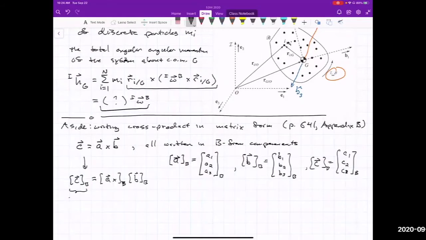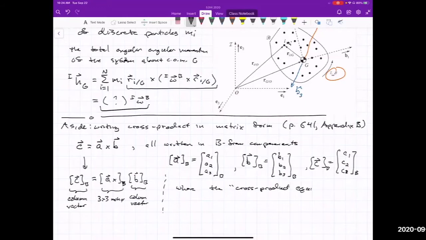This first thing is a column vector. This last one is a column vector. And this A cross, it's a 3x3 matrix. I don't know what the book may call it. It may call it the cross product equivalent matrix.